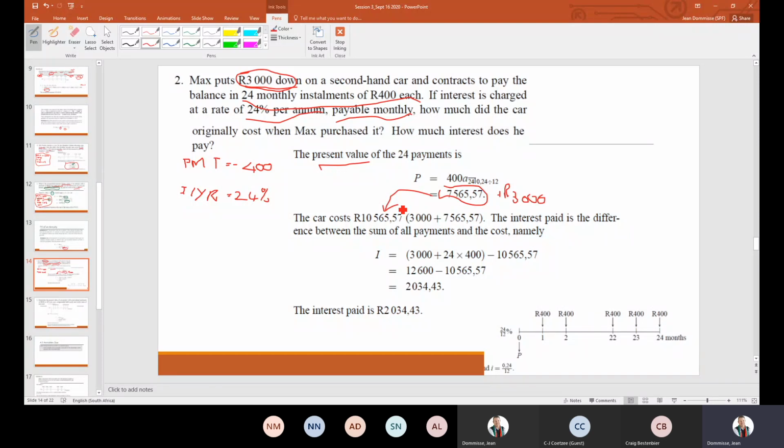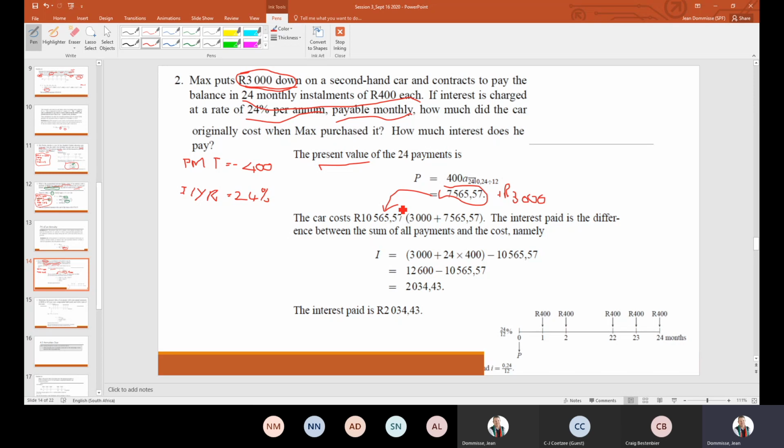There is no way on the calculator to incorporate that 3,000 rand. Also remember that 3,000 rand you can't say is a present value or future value, because it is something that you have put down and you're not getting interest on it. It is a deposit that's not going into a bank account, or getting interest or anything like that.